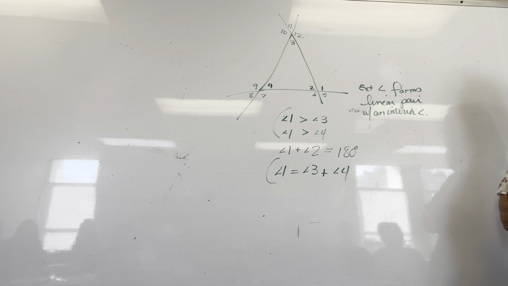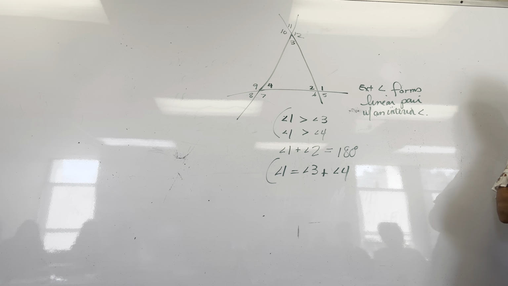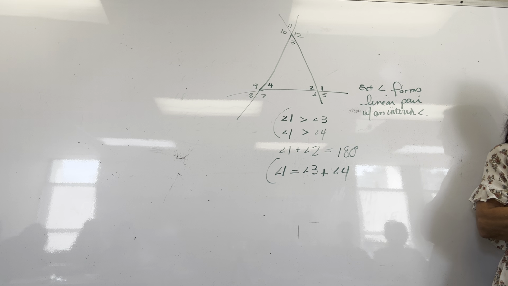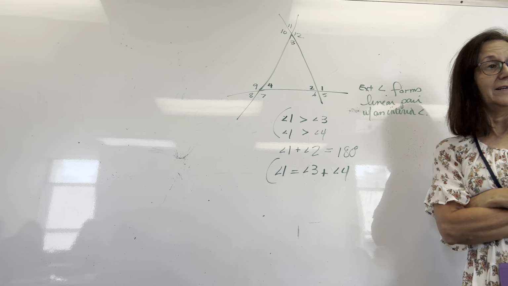Go ahead, Ben. 3, 4, and 2. All right, list the exterior angles, Hannah. 1, 12, 10, 9, 7, and 6. Yes, all of those are exterior angles.